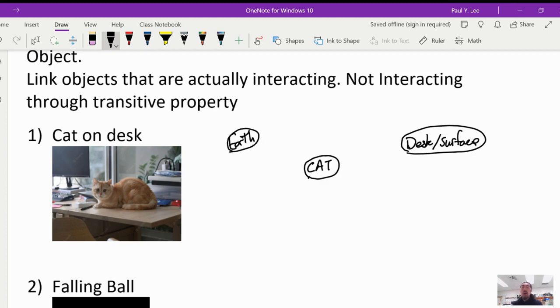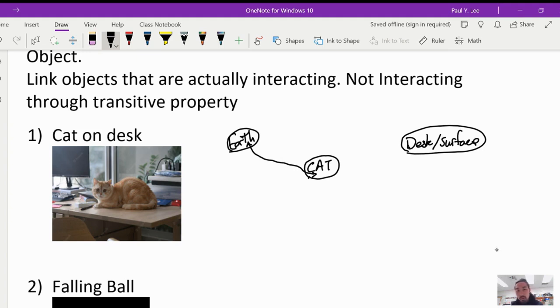Now, if you have different color pens, it really does help show you what's actually interacting with each other. But here we go. Is the Earth interacting with the cat? I'm going to say yes, it is. So I'm going to draw an arrow pointing to the Earth, and another arrow pointing to the cat, the same line.